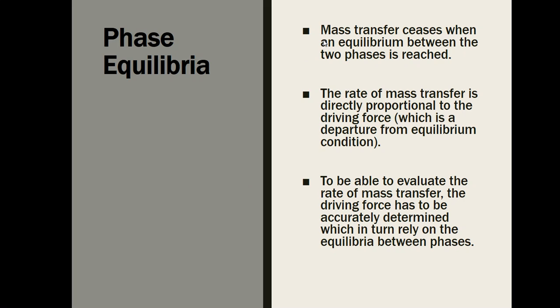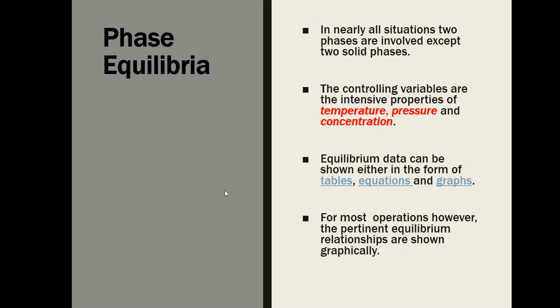As mentioned, mass transfer ceases when an equilibrium between the two phases is reached, and the rate of mass transfer is directly proportional to the driving force, which is a departure from equilibrium condition. To evaluate the rate of mass transfer, the driving force has to be accurately determined, which in turn relies on the equilibria between the phases.